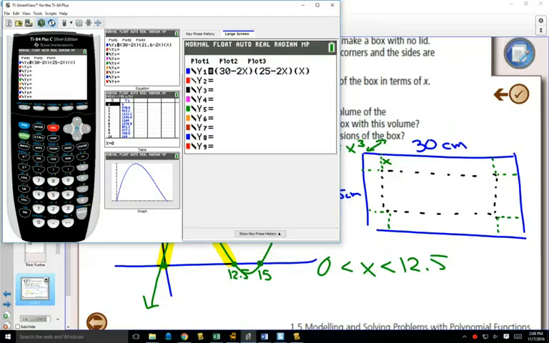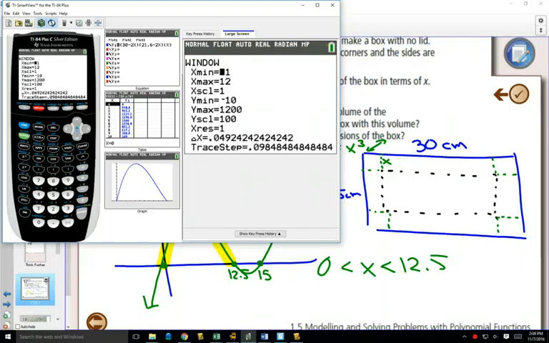When we go to graph this, we want to make sure that our window is set up. I want to go from 0 to 12.5. So maybe I'll start at -2 and go up to 15 just so I'm a little bit more on each side. I also like to start in the negatives so that I can see part of my y-axis later on.